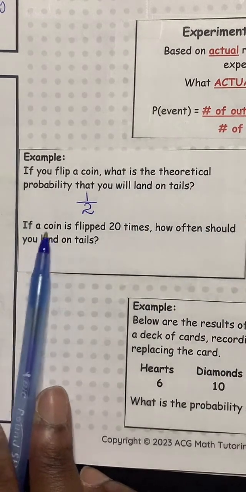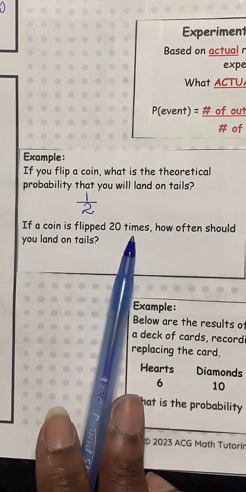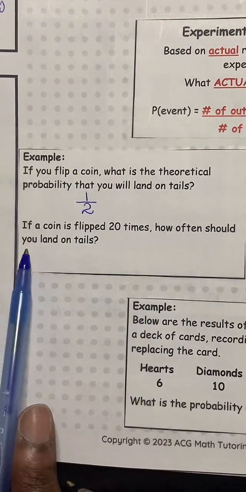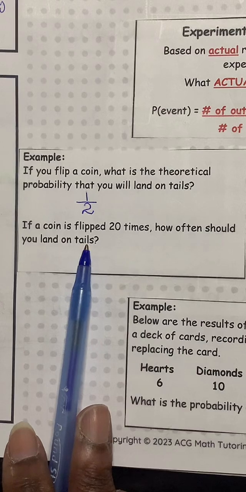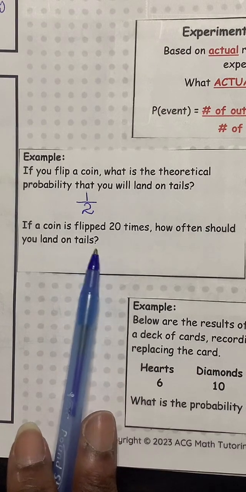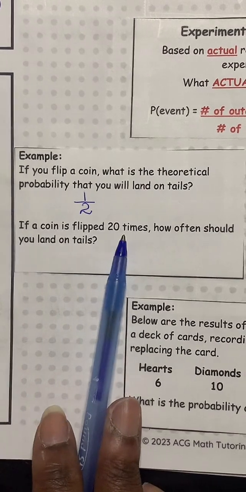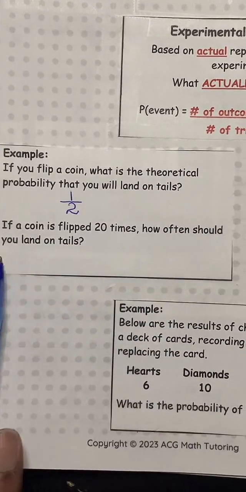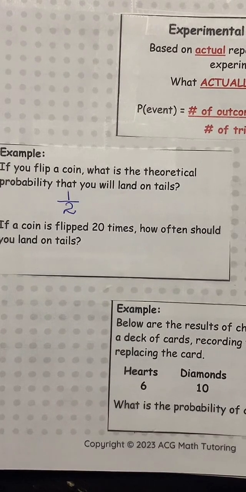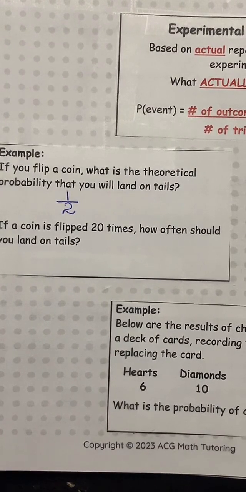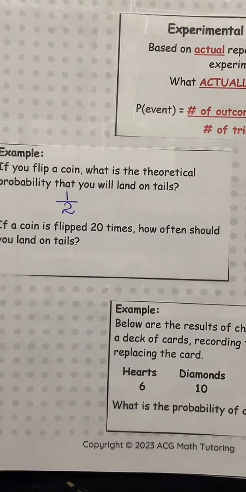Now, if I flip that coin 20 times, how often should I land on tails? What do you think? JR is saying 10. Pog is saying 10.